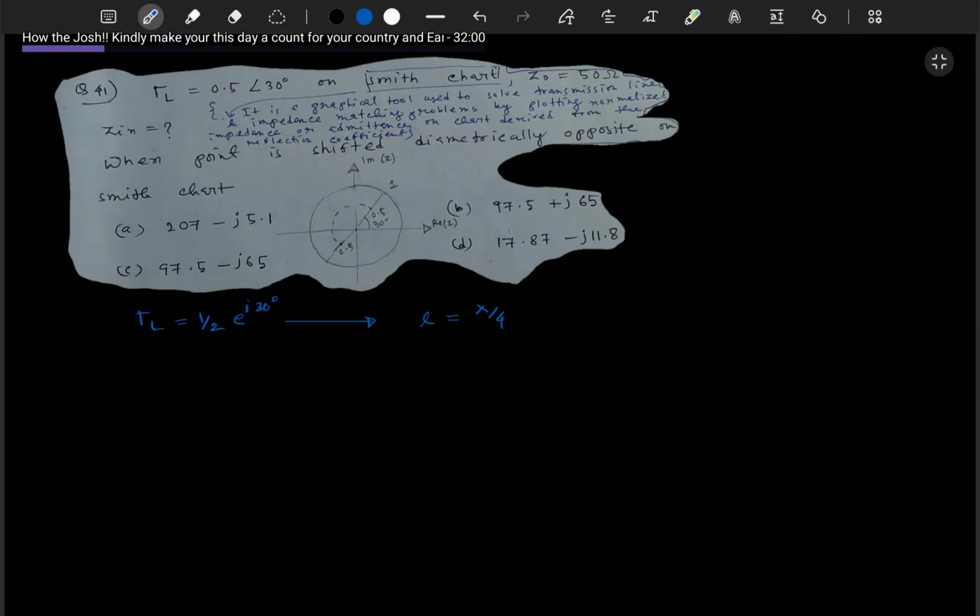Diametrically opposite is equal to lambda by 4. If it is diametrically opposite, then it is lambda by 4.